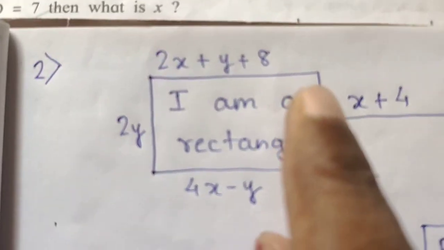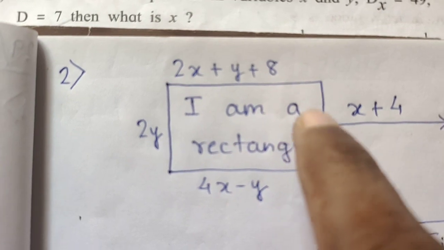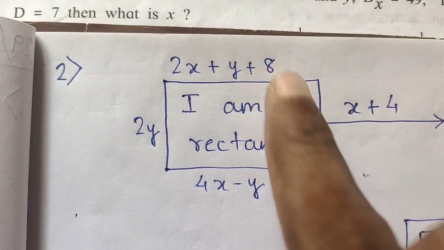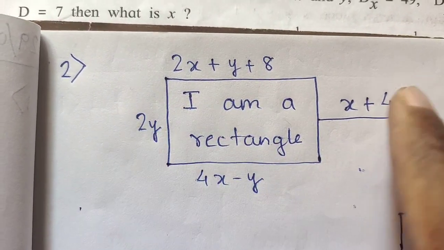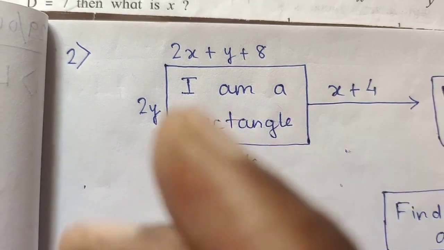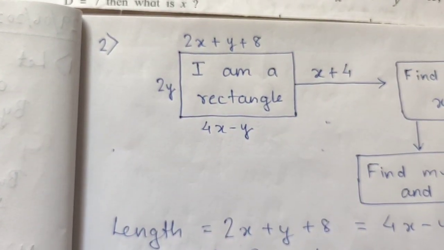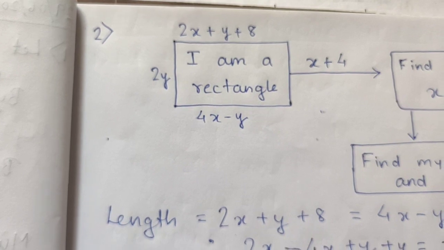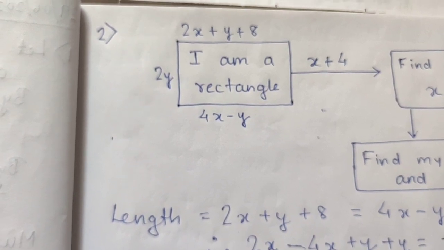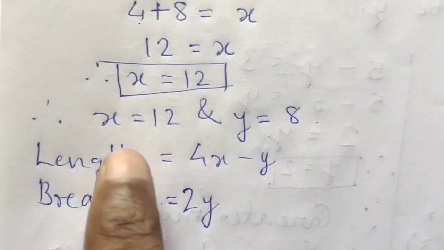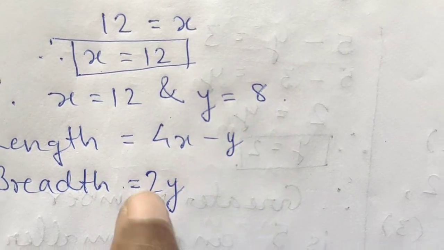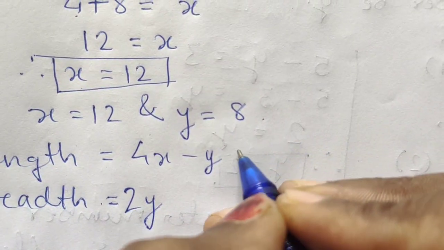Now from the diagram you can see your length, you can take any of these two. Any of these two you can take as a length, and any of these two you can take breadth. So for breadth I am taking 2y, and for length I am taking 4x minus y. That is a little simple. Okay, so length I have taken 4x minus y. Now I need to find out the value.